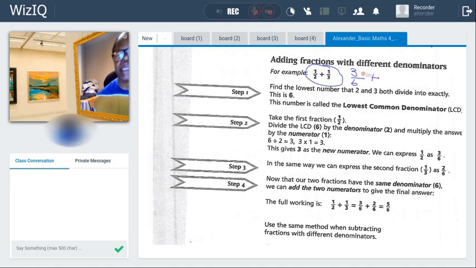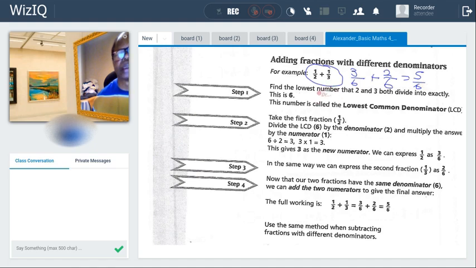This is exactly a half. Now this one I multiply by 2: 1 times 2 at the top is 2, and 2 times 3 at the bottom is 6. So I've made the denominators the same. Therefore, I just add the numerators, which gives 5 out of 6.